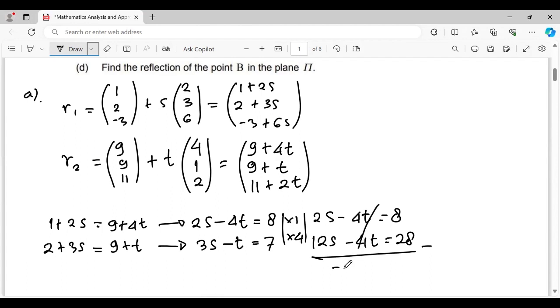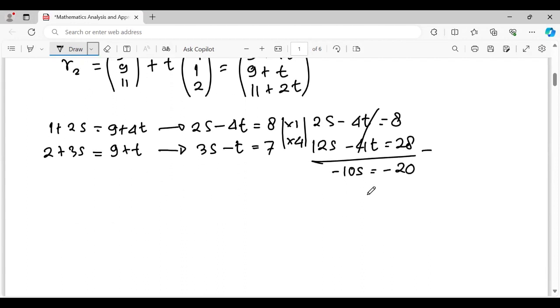Subtracting, minus 10S equals minus 20, so minus 20 over minus 10 equals 2. Now substitute S equals 2 into this equation, 2S minus 4T equals 8.